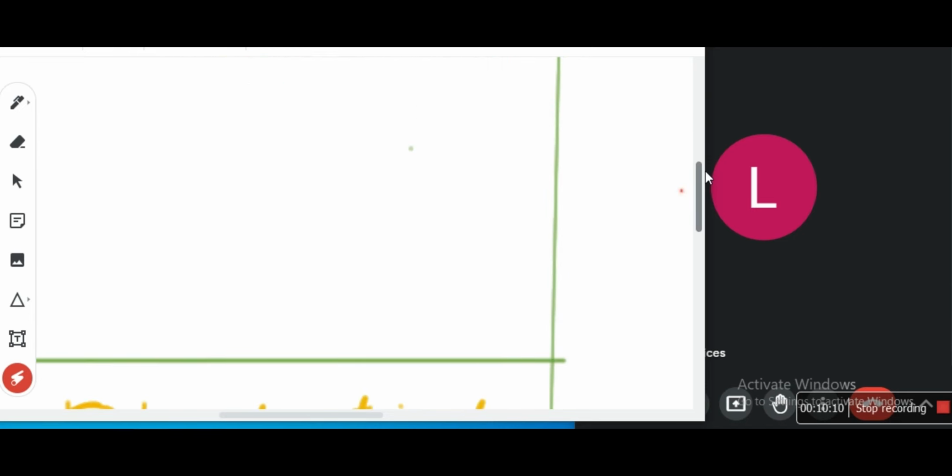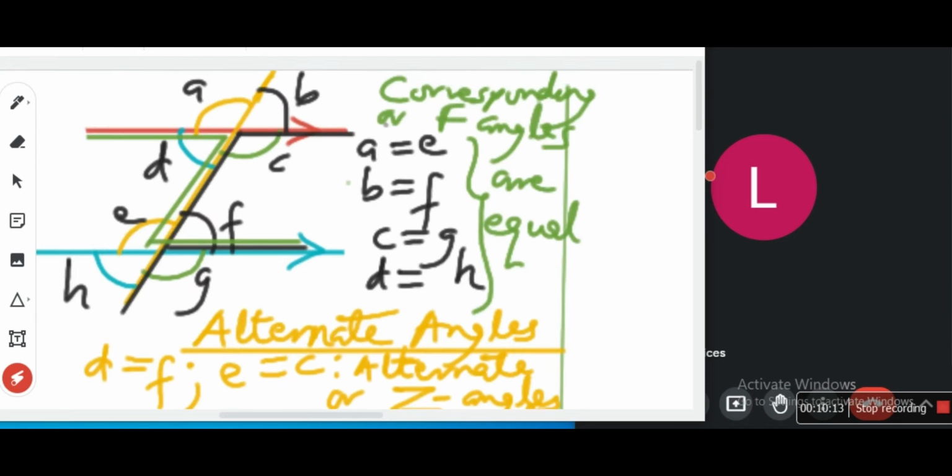Alright, we need to talk about what we call vertically opposite angles. When angles form an X, the ones that are facing each other are vertically opposite, so they are equal. So A is equal to C because they are the ones facing each other like an X. So A is equal to C, while B is equal to D. But that's not all. Let me write it down.